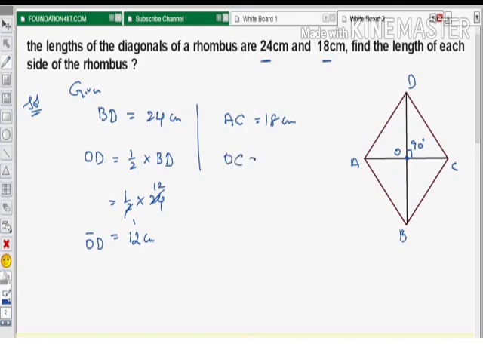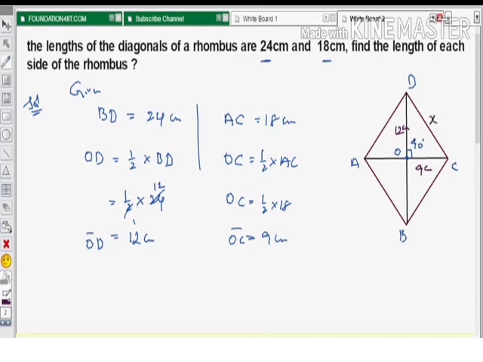Then OC is equal to half of AC, because O is the midpoint of AC also. OC is half into 18, which is 9. So 9 centimeters is OC. Now if you keep the values here, OD is 12 centimeters and OC is 9 centimeters. Let CD be x.